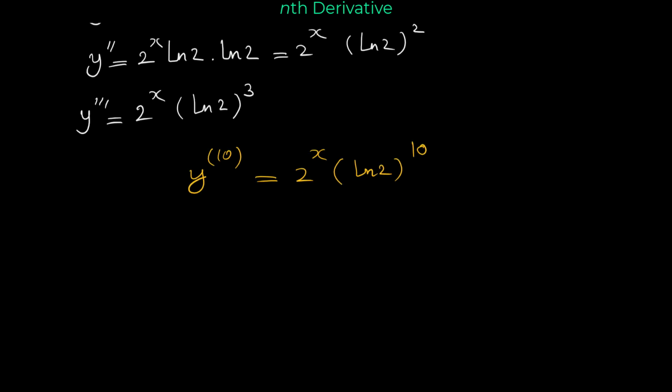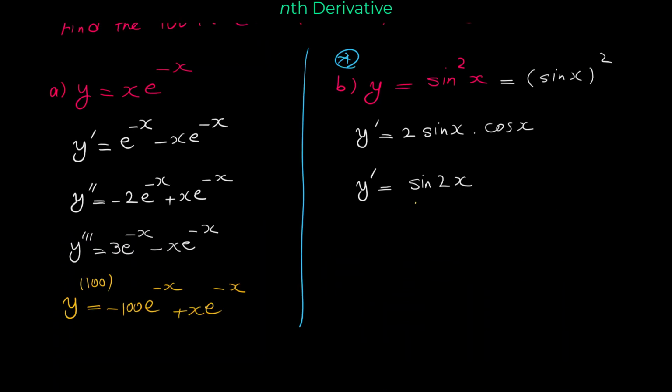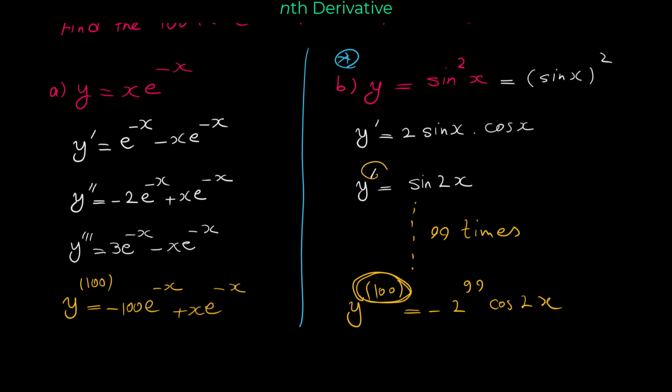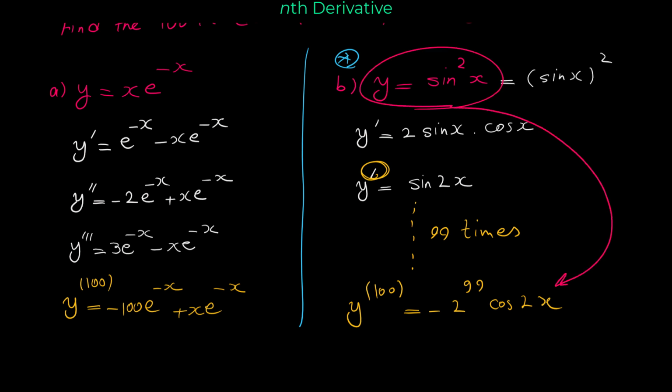Similar to that, if we take the derivative of this 99 times, the 100th derivative would be negative 2 to the 99 cosine 2x. You should not be confused about why I wrote 100 here: we already have a prime here, so if we take the derivative 99 more times, it would be the 100th derivative. And so the 100th derivative of the given function is this.